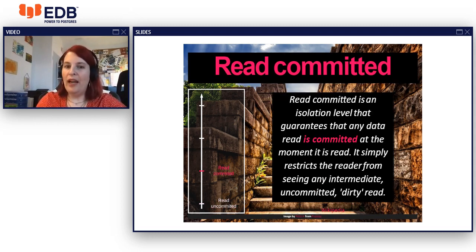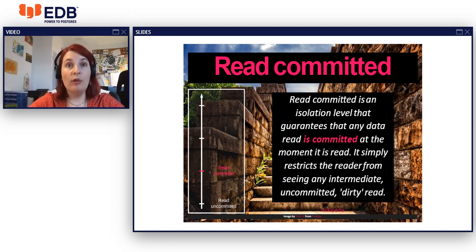Then we have the next level, which is read committed, which is the one that Postgres chooses for read uncommitted. It's an isolation level that guarantees that any data read is committed. You won't be able to read what we call dirty reads, which are data not yet committed at the moment it is read.